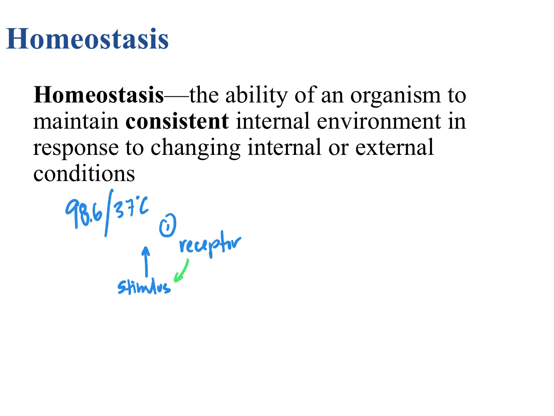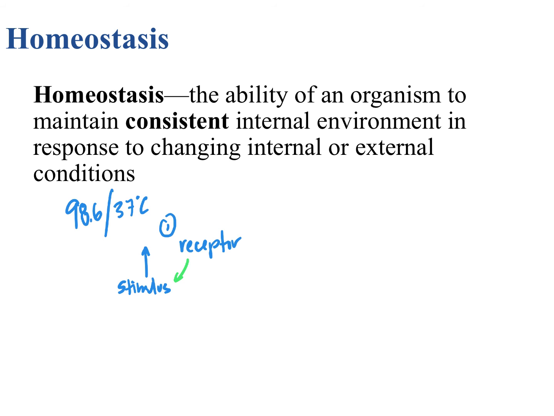So the stimulus is an increase in body temperature. The receptor recognizes that. Now what? Some cell or organ in my body recognizes the increase, and the body's response is to sweat to bring it down.